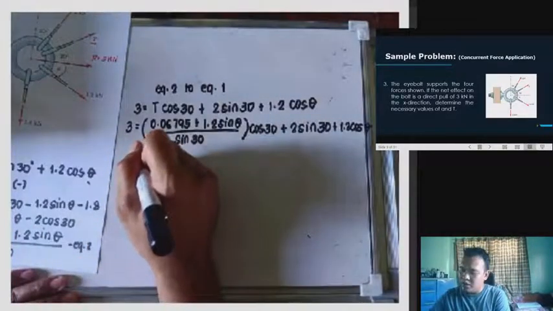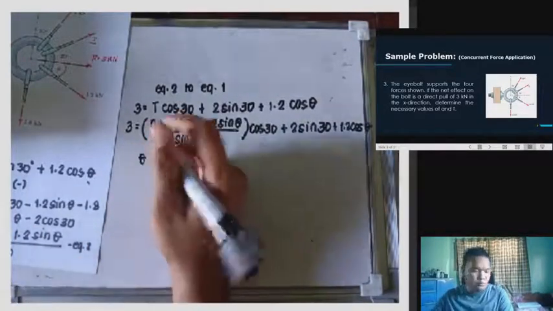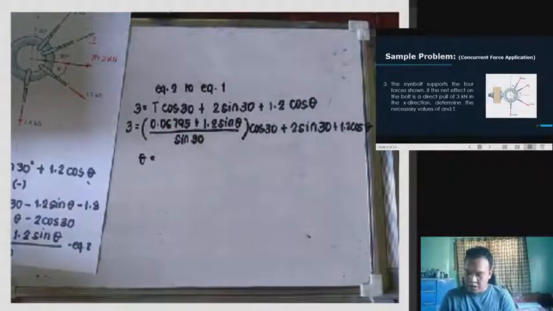So, we can get angle of theta, which is equivalent to 3 equals the value of T, which is 0.06795 plus 1.2 sine alpha x all over sine 30 multiplied by cosine 30 plus 2 sine 30 plus 1.2 cosine alpha x.